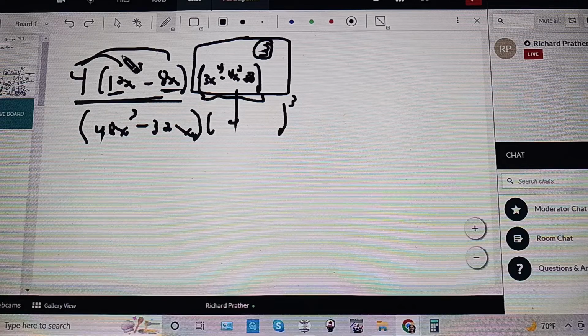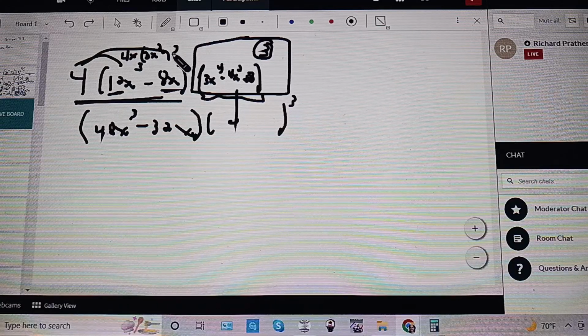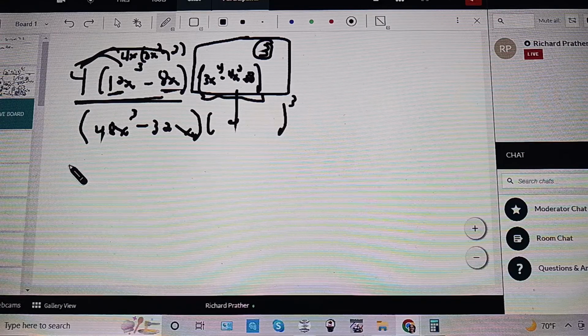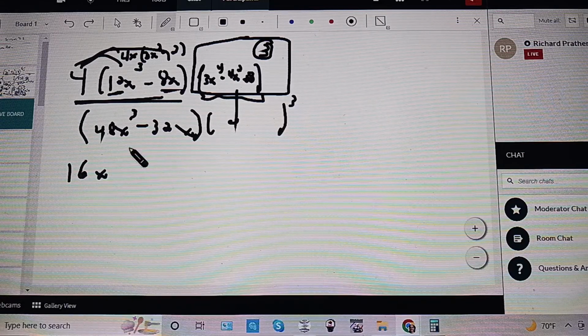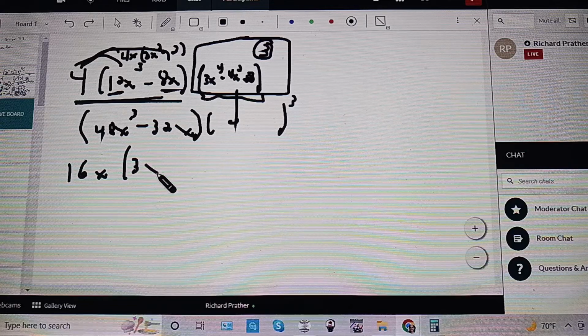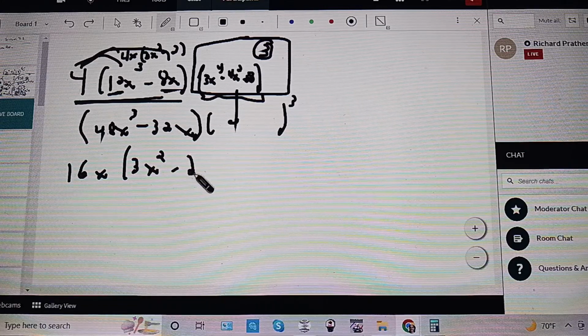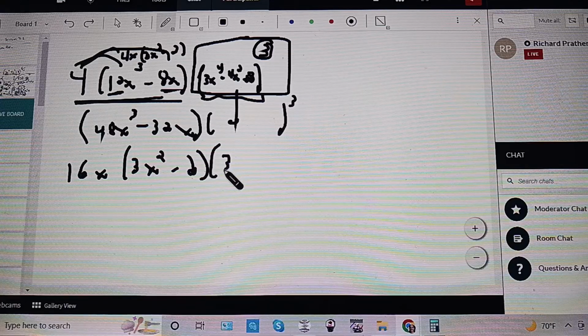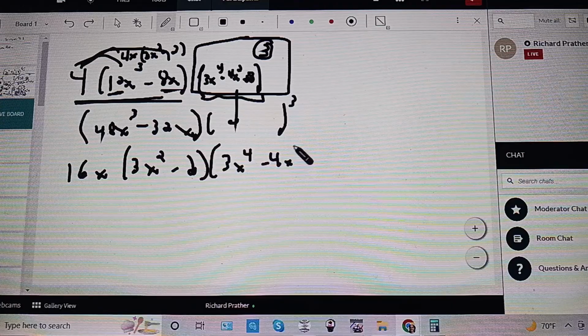So this parenthesis part alone has a 4x GCF. And that would leave you a 3x squared minus 2 left over. And then you could multiply the 4 to the 4x and get 16x times 3x squared minus 2, which has no more way to factor it. And then finally the 3x to the fourth minus 4x squared plus 8 to the third power.